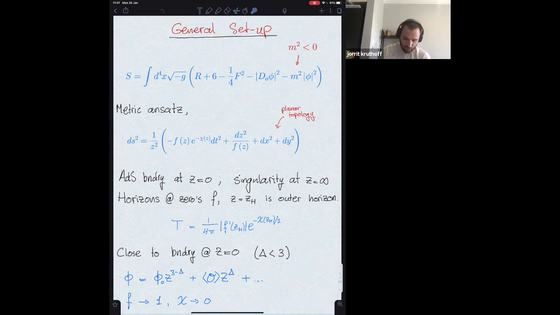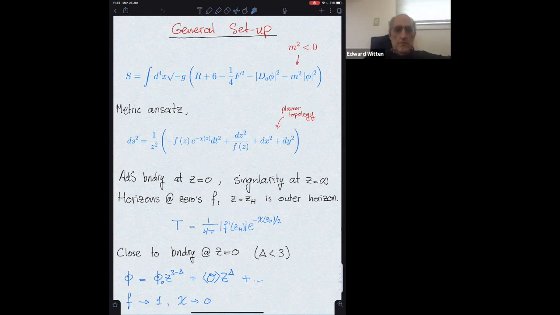Now in these Poincaré type coordinates, the AdS boundary is at z equals 0, and the singularity will be at z equals infinity. Now the horizons are the zeros of this function f, and usually what I'll denote with z_h is the outer horizon. And that one will always be present, but we will see that the inner horizon is generically removed.